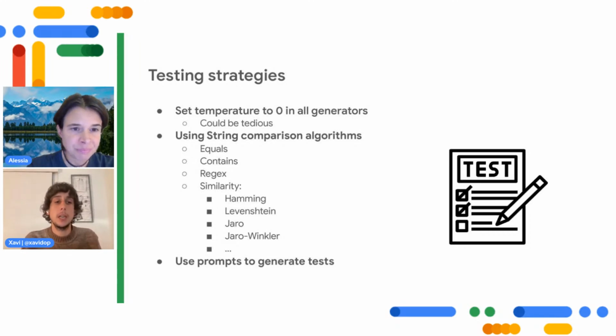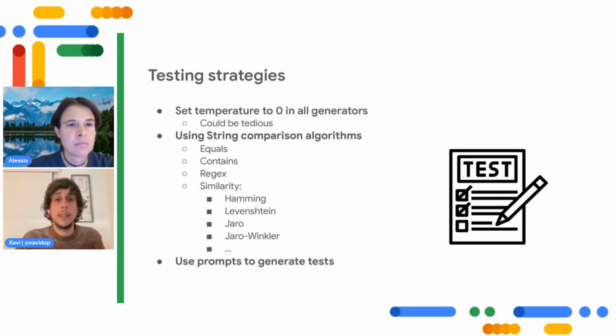Another testing strategy that you can use is something that we can call bot-to-bot testing. Basically, use prompts to generate tests instead of having classic tests like "hi", and then the agent responds with "how are you".